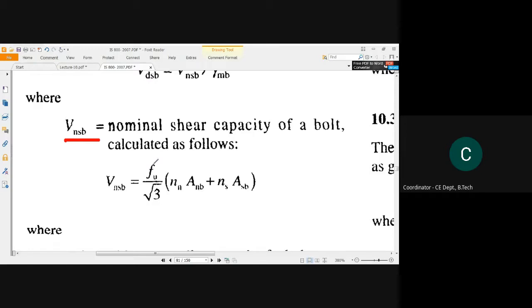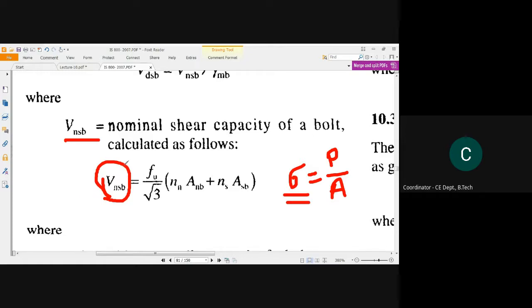Let us see what is given in this formula. It is given as fu divided by root 3, into nb plus ns into Asb. What is this? We all know that Vnsb is a shear force. Stress is equal to P by A, load per unit area is designated as stress.